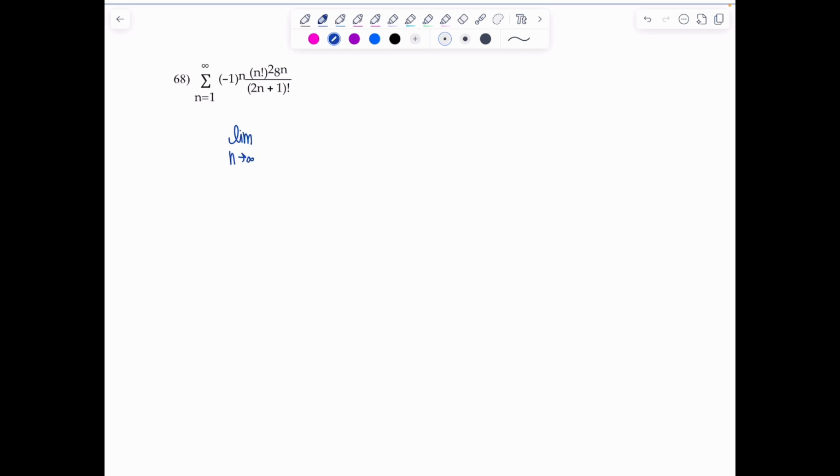Limit as n goes to infinity. Absolute value of a sub n plus 1 is going to be negative 1 to the n plus 1. Now you're not scared of n factorial squared, so I'm just going to write n plus 1 factorial squared, 8 to the n plus 1 over, ooh, please be careful here, 2 times n plus 1 in parentheses plus 1 factorial.